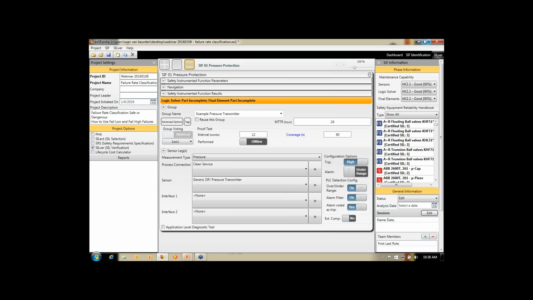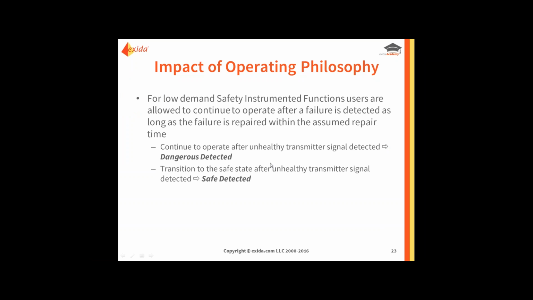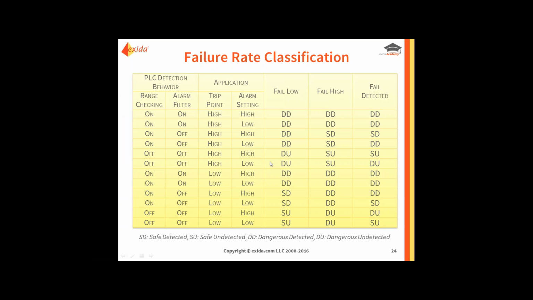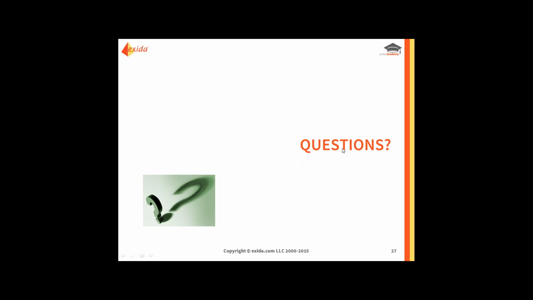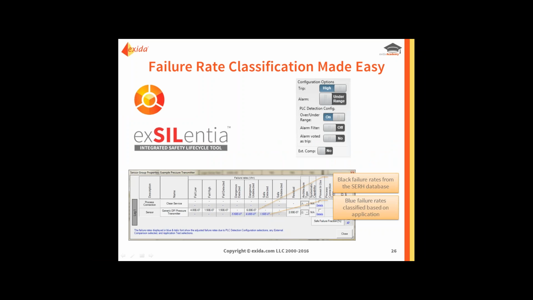So those selections will obviously impact the classification of the failures, and we've seen in the exSILentia software how that is done. We present both the failure rates directly out of the equipment database, as well as the failure rates as they are classified based on the actual use and application of the device. And then the latter, the blue ones, are actually used in the calculation.